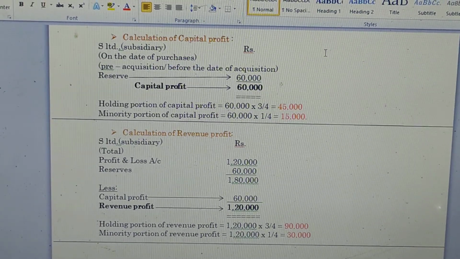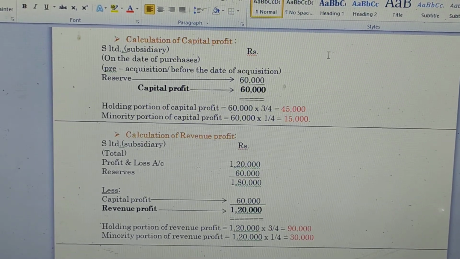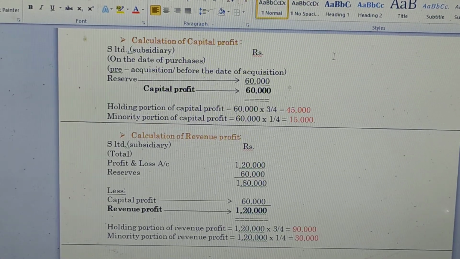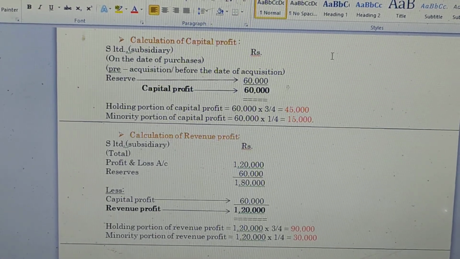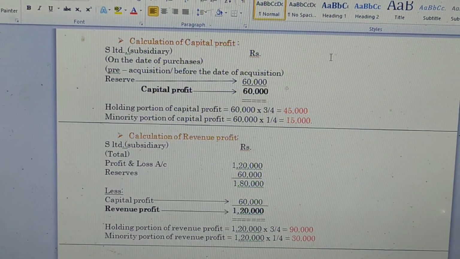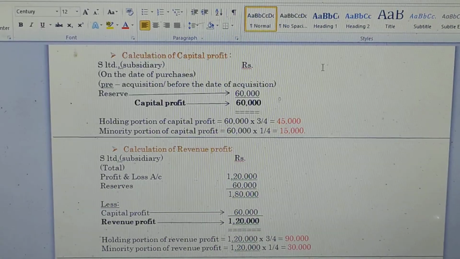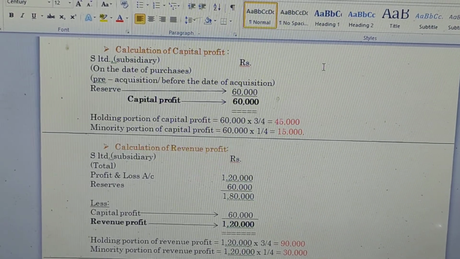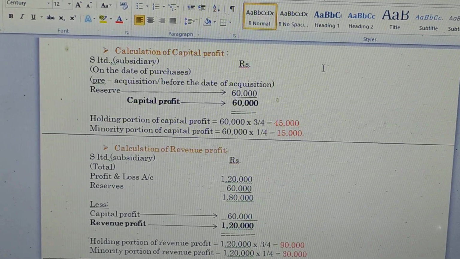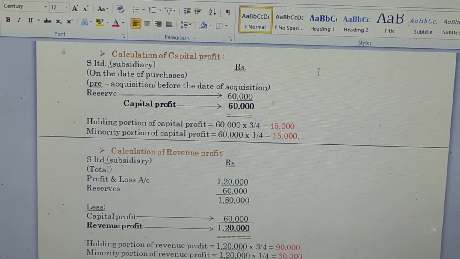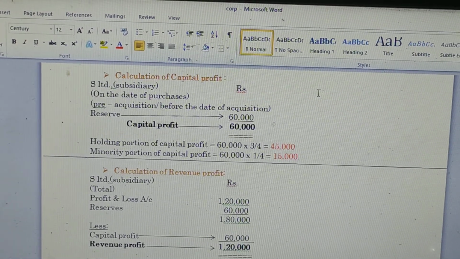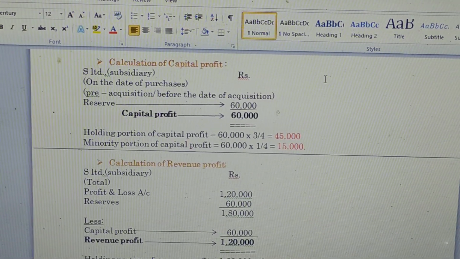And second, we are going to prepare the capital profit of S Limited, the subsidiary, on the date of purchase, which means pre-acquisition or before the date of acquisition. This information is in the adjustments of the question. When the holding company purchased the subsidiary company's shares, at that time S Limited's reserve was rupees 60,000.